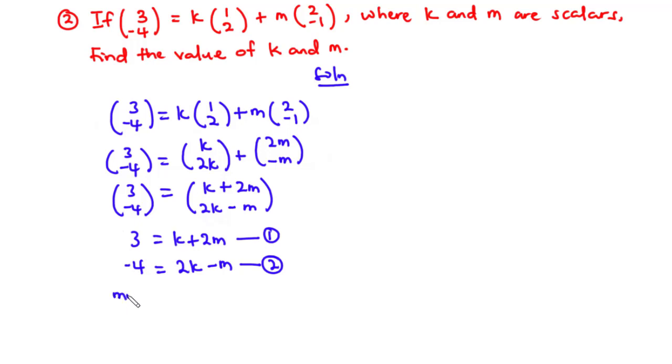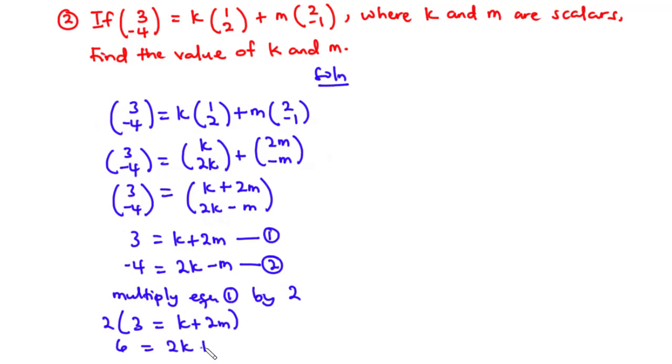So we say that multiply equation 1 by 2. Therefore we have 2 times 3 equals k plus 2m, and this is equal to 6 equals 2k plus 4m. Let's call this equation 3.